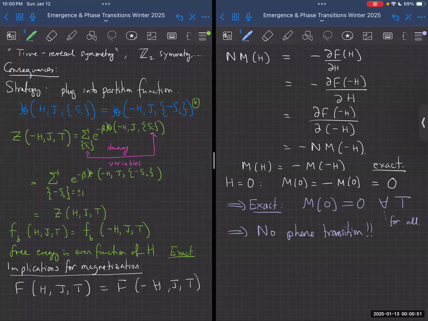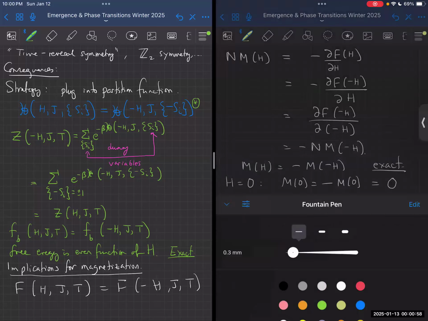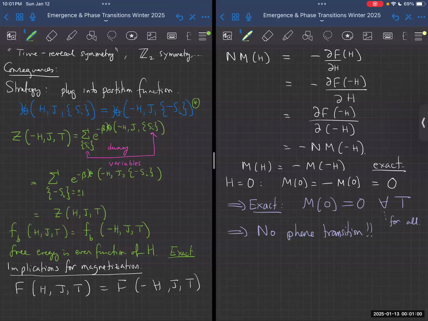So that's a bit of a shock, because that says, well, phase transitions don't seem to exist. All we've really said is that for every state in thermal equilibrium, there is another state with all the spins reversed.